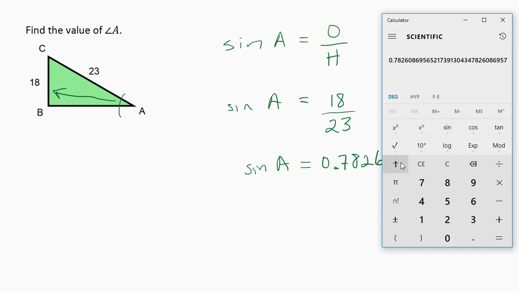Now your calculator might have a second function button, and when you press it, you can see we have this sine to the power of -1. That means take the opposite of the sine of an angle. So sine -1, when we press that button on this value, we end up with a 51.5. We'll talk about what that means in a second.